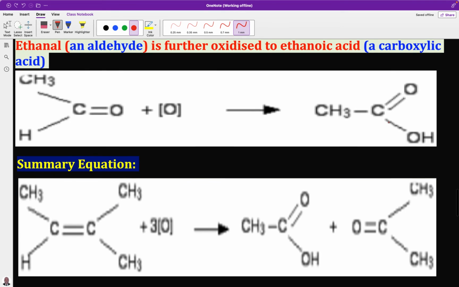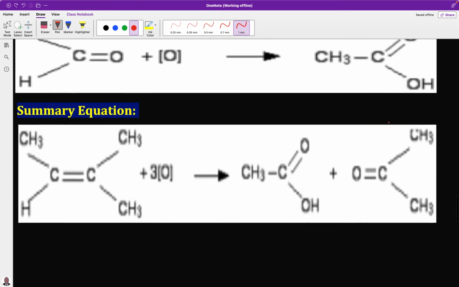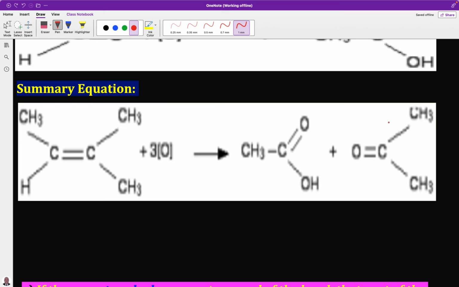We can summarize our former equation: when there is a breakage here, this part of the molecule, which is ethanal, is finally oxidized to carboxylic acid. This is it here. And this part of the molecule remains. So this is a summary of the reaction.